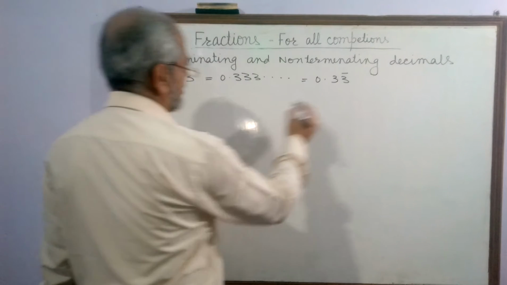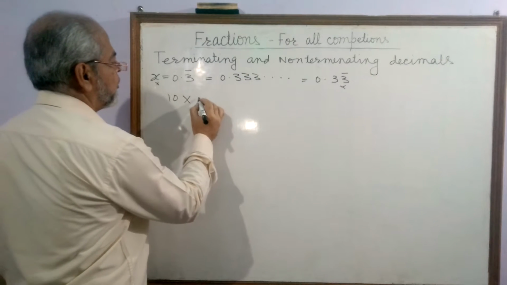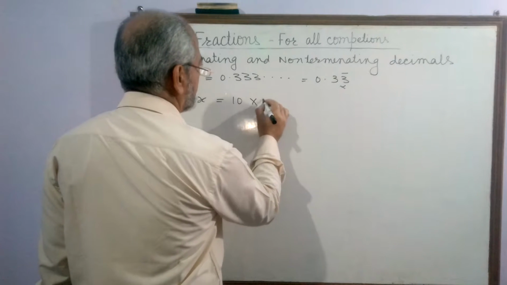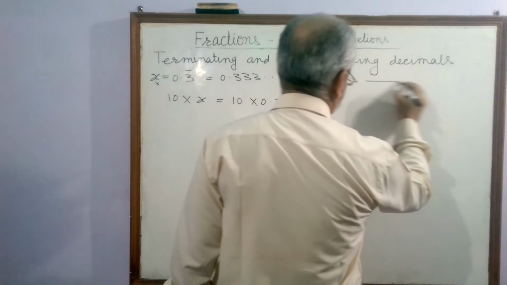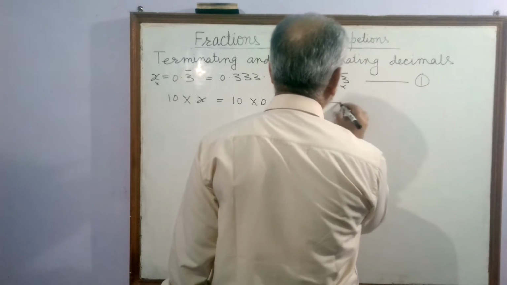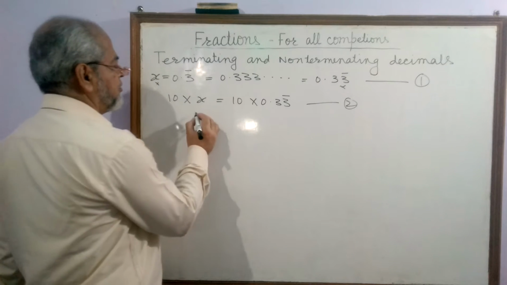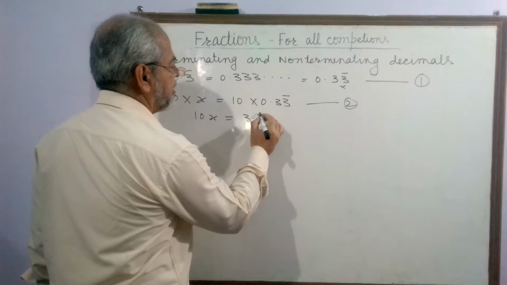That means this number and this number. 10 into x is equal to 10 into 0.3 bar. This was your first equation and this is your second equation. So this is equal to 10x is equal to 3.3 bar.